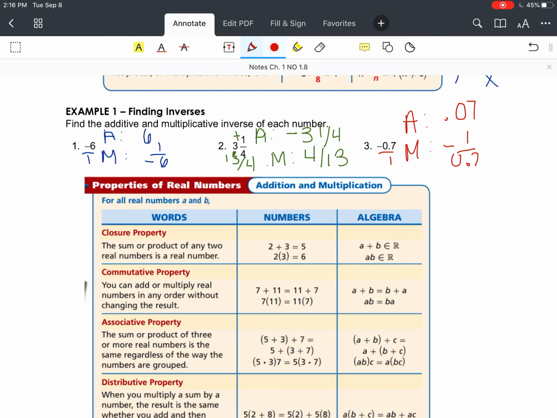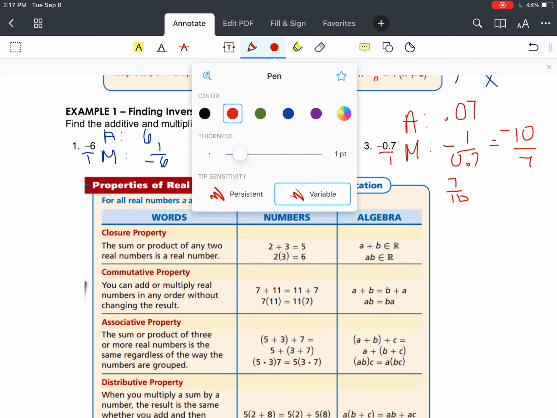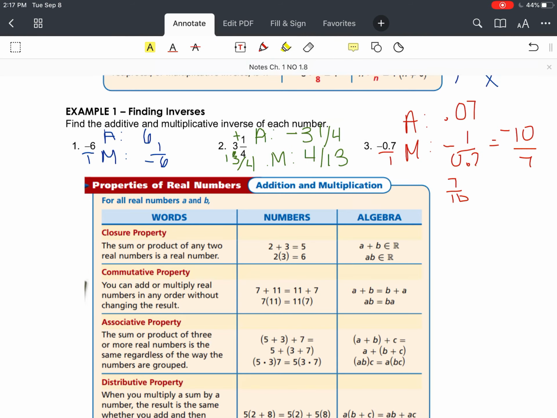Well, you might be thinking, there's no way that you're allowed to have a decimal inside of a fraction, and you'd be absolutely right about thinking about that. If you just put this in your calculator and press math, enter, enter, it would give you it as a fraction, or we know that 0.7 is 7 over 10, so flipping it, it would be 10 over 7. The negative still stays. So that's your answer for number 3.